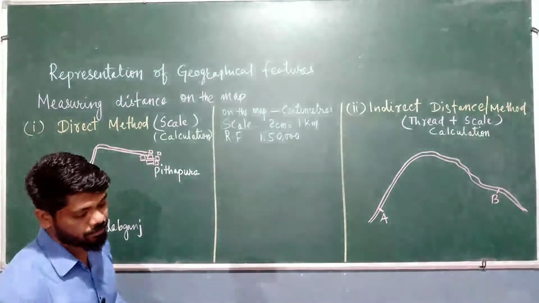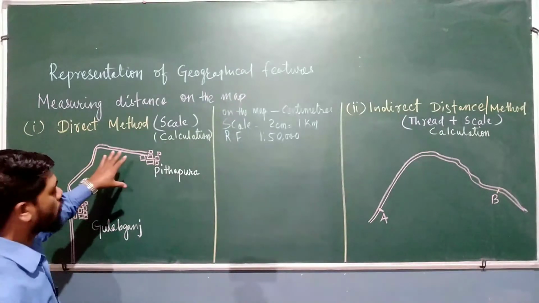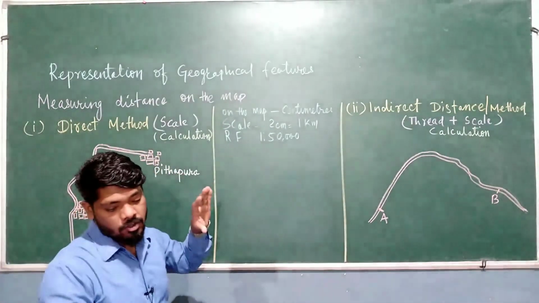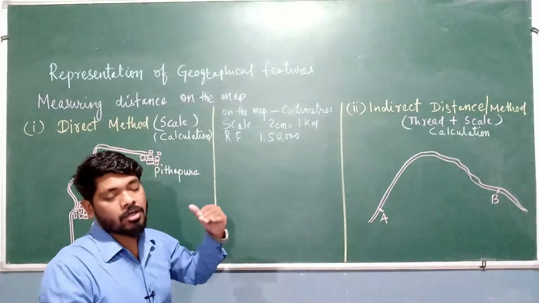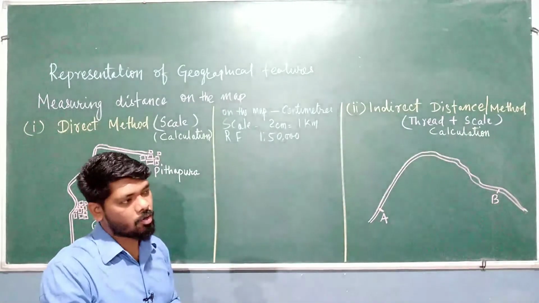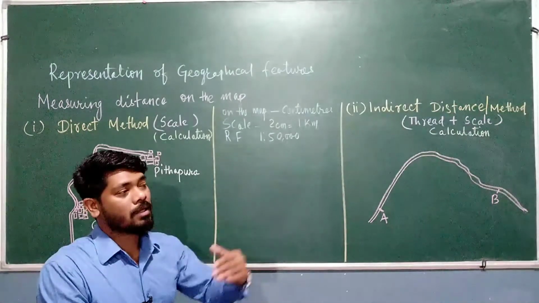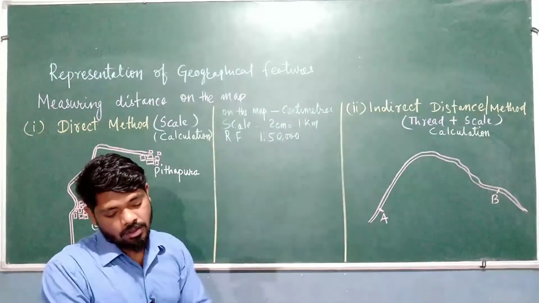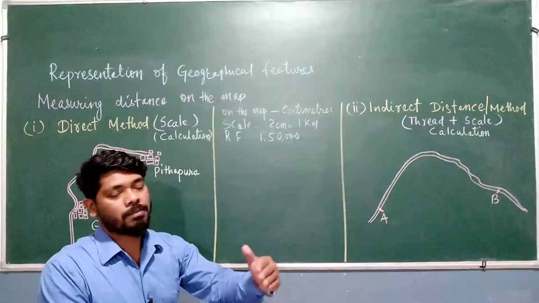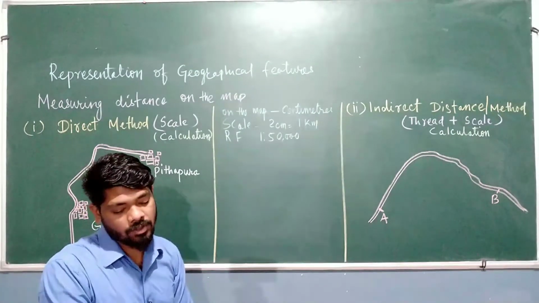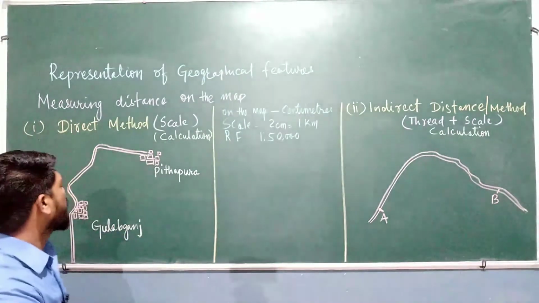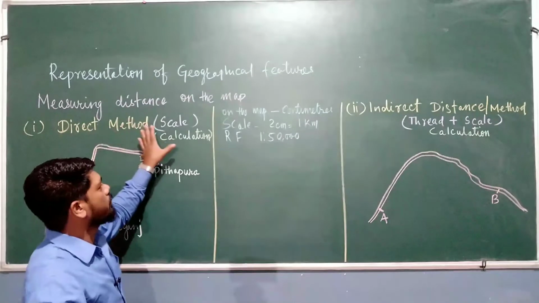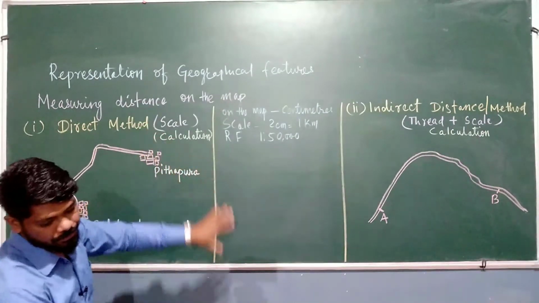It is also known as the straight method, or as the crow flies. The crow will fly from one point to the other point straight, right? So it is also known as the direct method.